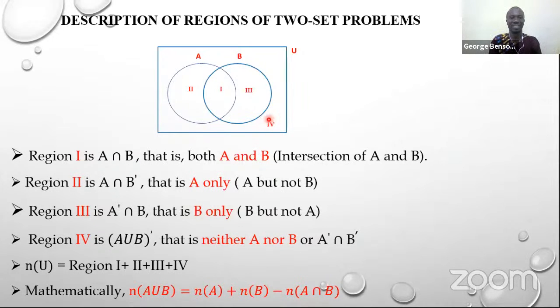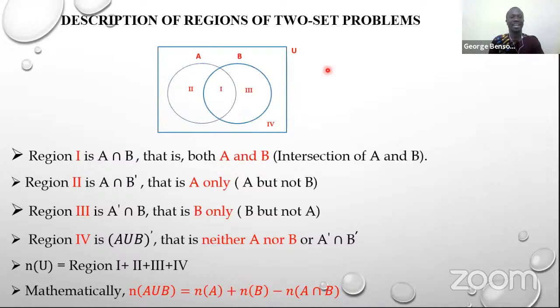Normally, if you have a two-set problem and members that do not belong to either set A or set B, then we put them in the region outside the circle. It can be on the right side, as you can see, or you can bring it to the left side. But basically, they are supposed to be outside the two intersecting circles.